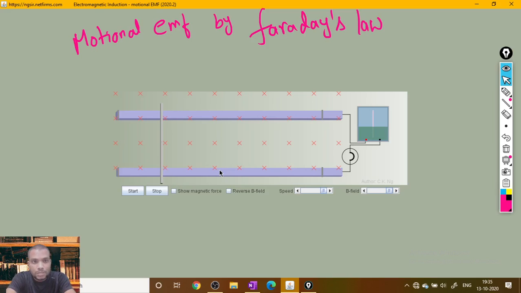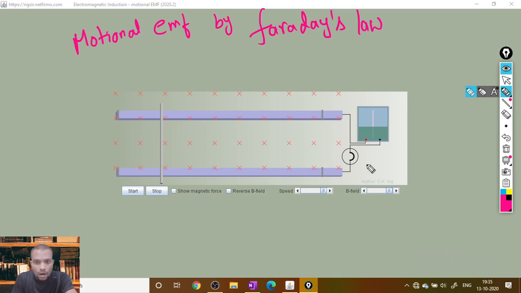In my previous concept I discussed motional EMF by Faraday's laws. How does it work? Suppose I have a setup. This is a bulb, which is connected to a voltmeter.